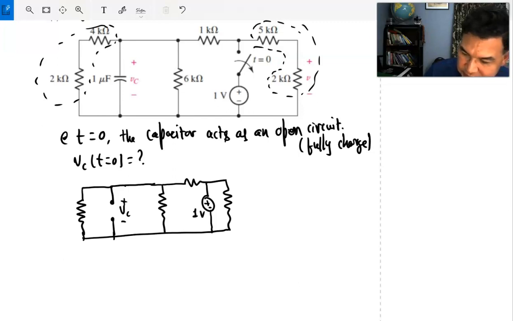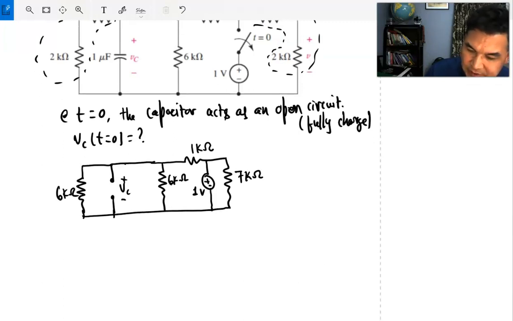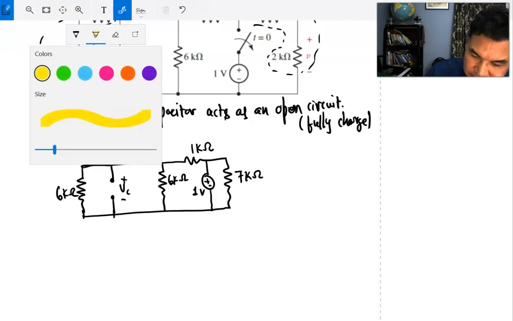So this becomes 5 plus 2, 7 kilo ohms, and that is 1 kilo ohm, and this is 6 kilo ohm, and this is 2 plus 4, 6 kilo ohm. Now somehow we have to figure out this voltage, and you can just use Kirchhoff's laws.